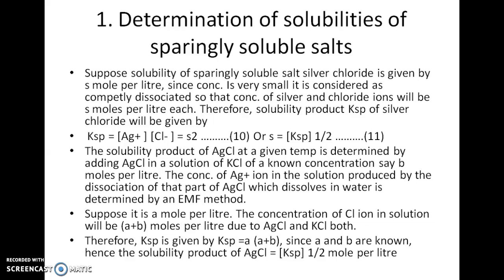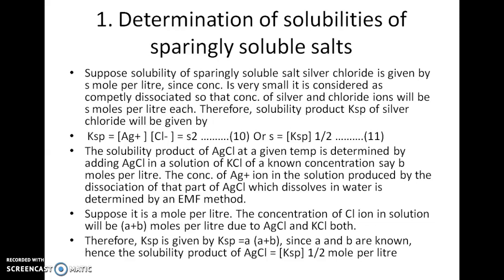The solubility product of silver chloride at a given temperature is determined by using silver chloride solution and a solution of potassium chloride of known concentration, A and B moles per liter. Therefore, the concentration of Ag+ ion in the solution, which is produced by the dissociation of part of AgCl, that is silver chloride which dissolves in water, can be determined by the EMF method.